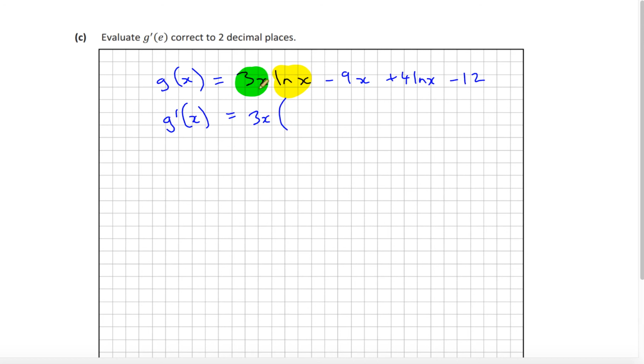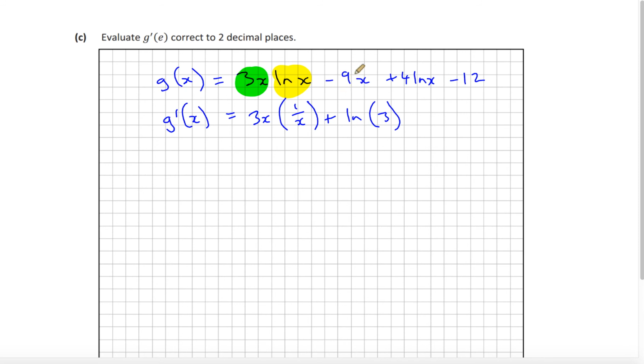So it's the green multiplied by the derivative of the yellow. The derivative of ln x is 1 over x from your tables book, plus the yellow multiplied by the derivative of the green. So plus ln x by the derivative of the green, the derivative of 3x is 3. So I'm applying the product rule there, which is in your tables book.